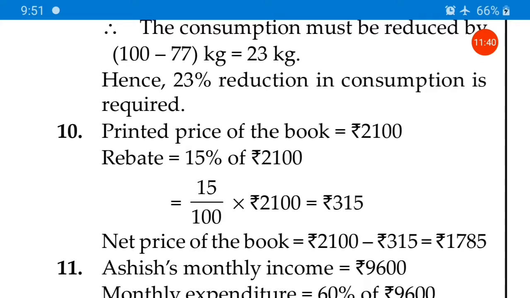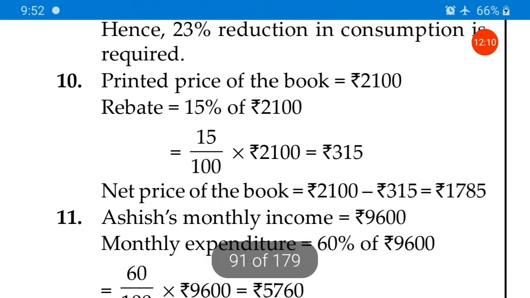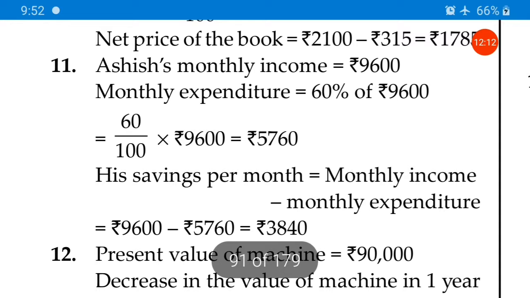So 15% of 2100, so it is 15 upon 100 multiplied by 2100. So we'll get rupees 315. Now net price of the book is 2100 minus 315, so it will be 1785 rupees.